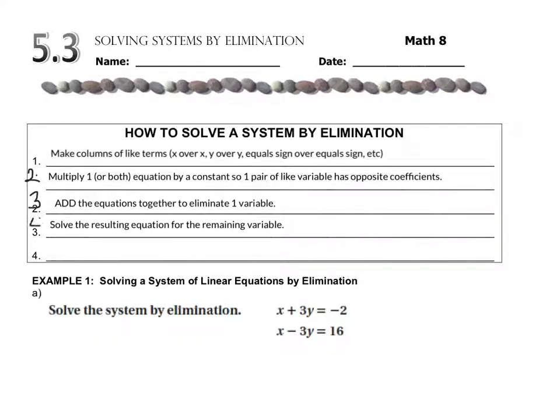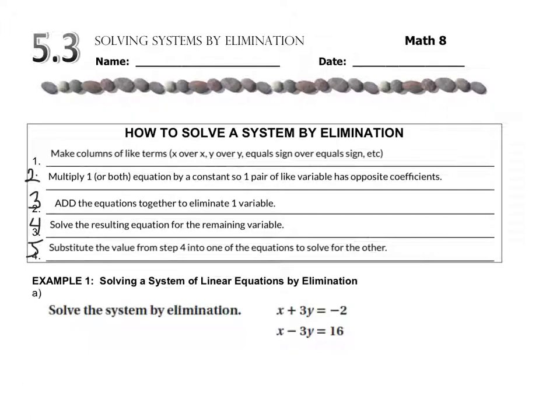For step four, we're then going to finish solving the equation from the addition for the remaining variable. Let's say that x disappeared. We would continue to solve so that y was all by itself. Step five is we're going to substitute the value that we just got from step four into one of the equations and solve for the other one.